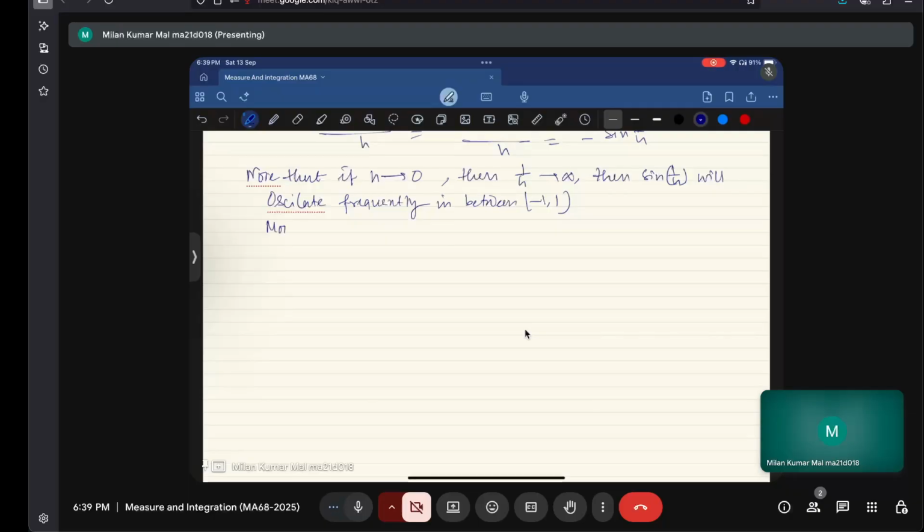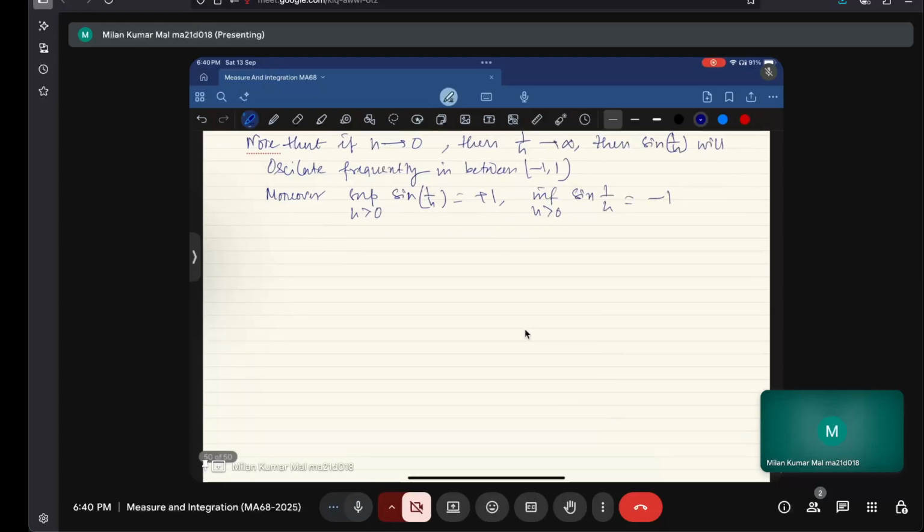Moreover, the supremum over h greater than 0 of sin 1 by h will be plus 1, and the infimum of sin 1 by h will be minus 1.